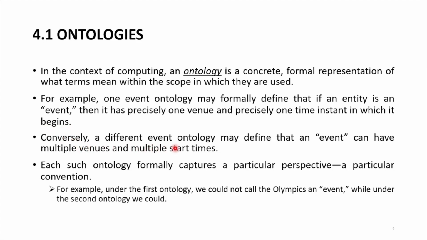Conversely, a different event ontology may define that an event can have multiple venues and multiple start times. Each such ontology formally captures a particular perspective or a particular convention. For example, under the first ontology, we couldn't call the Olympics an event, while under the second ontology, we could.